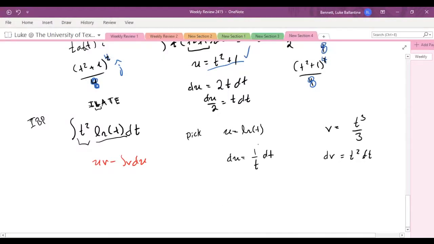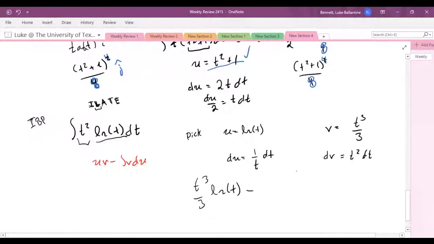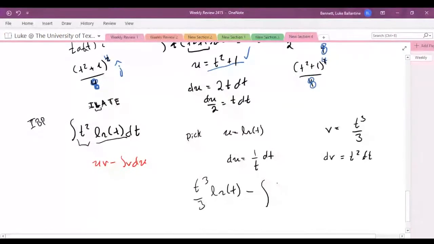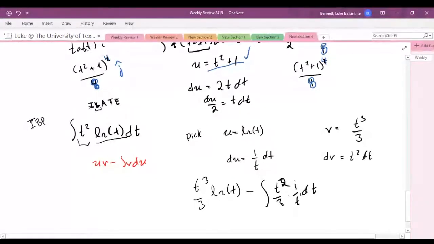So we have u, which is ln of t, v, t cubed over 3, minus the integral of v du, well, minus the integral of t cubed over 3 times 1 over t dt. Well, this is just t cubed divided by t. This is t squared now.